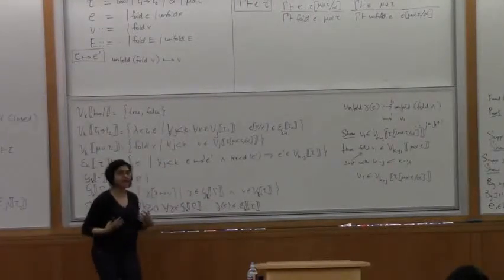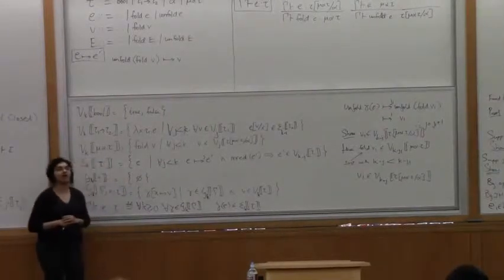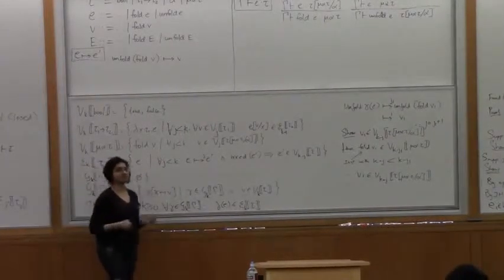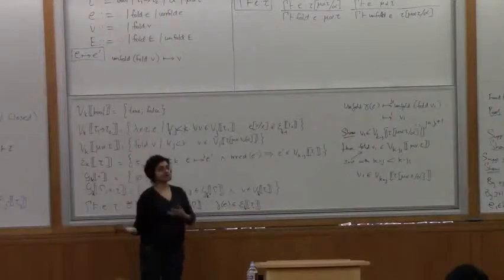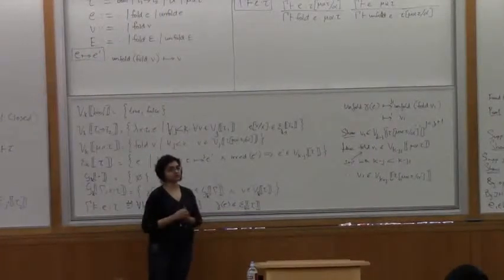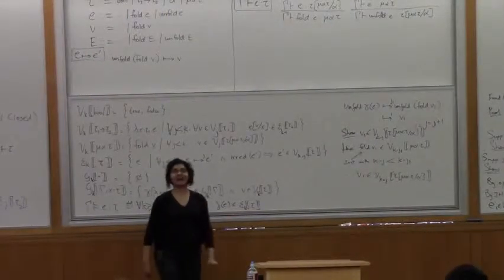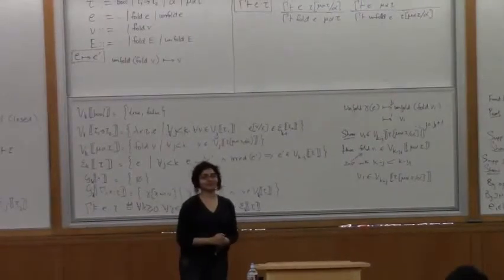Well, I mean, we'll set it up to capture the notion of contextual equivalence. And then we'll show that the logical relation that we set up is in fact equivalent to what contextual equivalence is. Actually, let me back up. I need to define contextual equivalence.